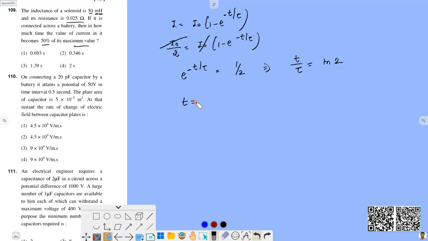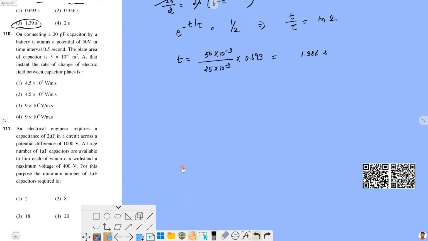So time t is equal to tau times 0.693, and tau is L by R. So L is 50 millihenry, so 50 into 10 to the power minus 3, divided by R, that is 25 into 10 to the power minus 3, into 0.693, that is ln 2. When we solve this, we will get 1.386 seconds, that is 1.39. So with this, let's move to the next one, question 110.